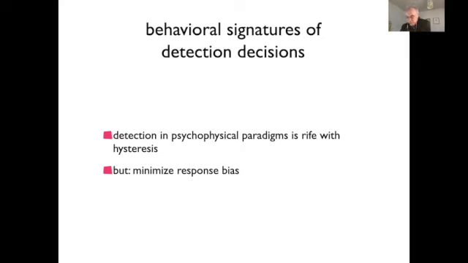Hysteresis is essentially that a change depends on the direction in which you go through, that when you increase a parameter, you will detect the change at a larger value than when you then decrease the value, you change back. So there's a regime where you have some kind of resistance to change, where you stick with the previous detection. And in that sense, hysteresis is very well known in psychophysics.